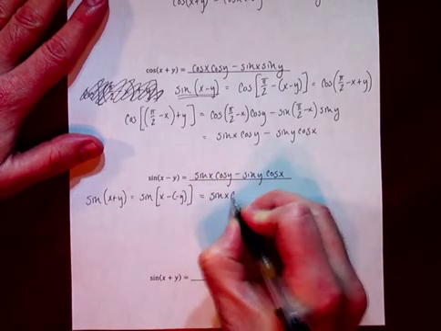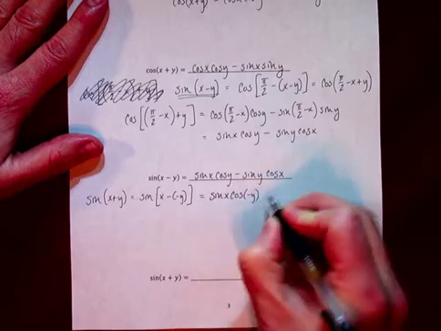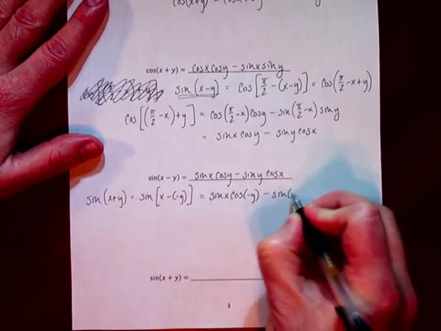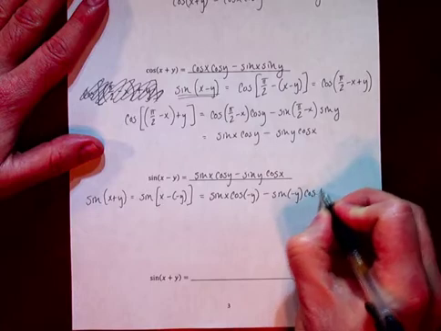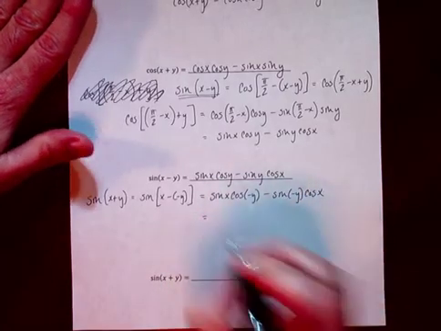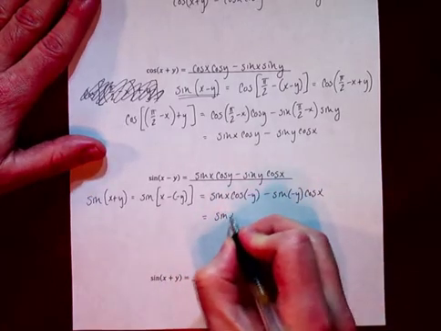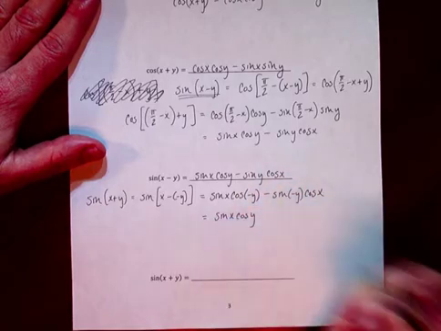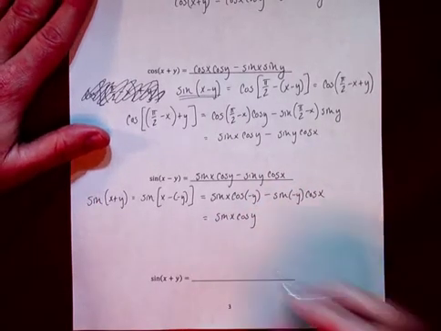Sine x cosine of negative y minus sine of negative y cosine x. And as we've talked about before, cosine is even, so cosine of negative y is the same as cosine of y.